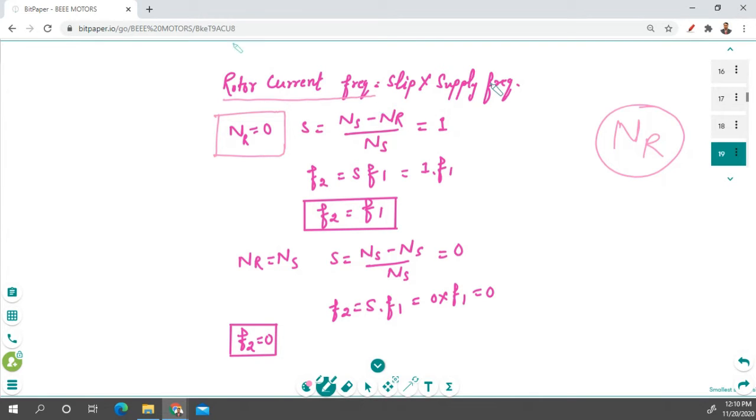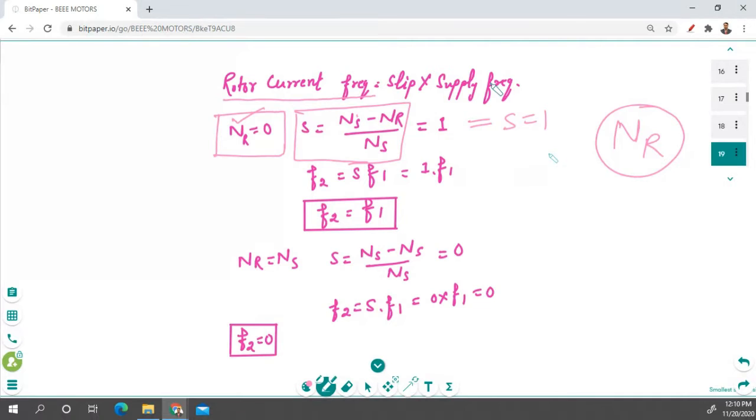We know that slip is equal to Ns minus Nr divided by Ns. If you put the actual speed equal to 0 right here, Ns and Ns will cancel out and slip becomes equal to 1. So when Nr is equal to 0, then S is equal to 1.